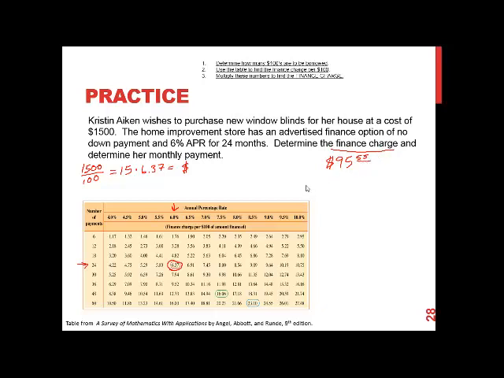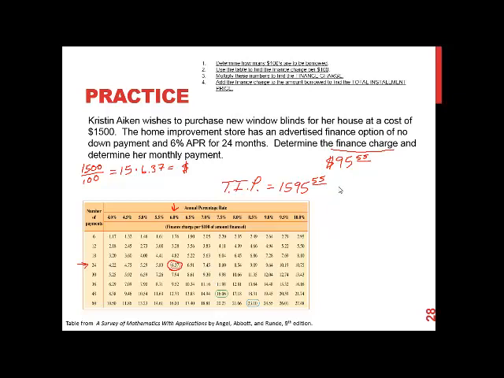Okay, now we need to find the monthly payment. First we need to get the total installment price, which will be the $1,500 plus the $95.55. So it would be $1,595.55.